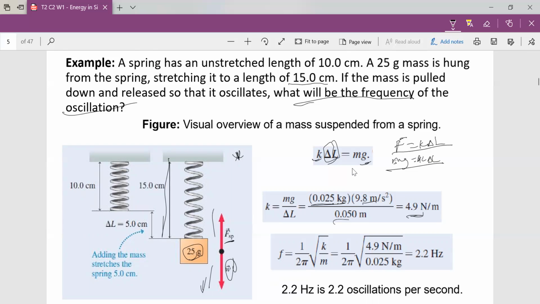When we took that to meters, we have 0.05 meters, and we solved for k.